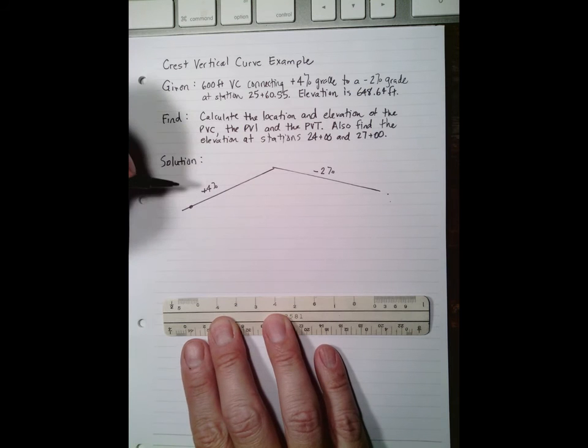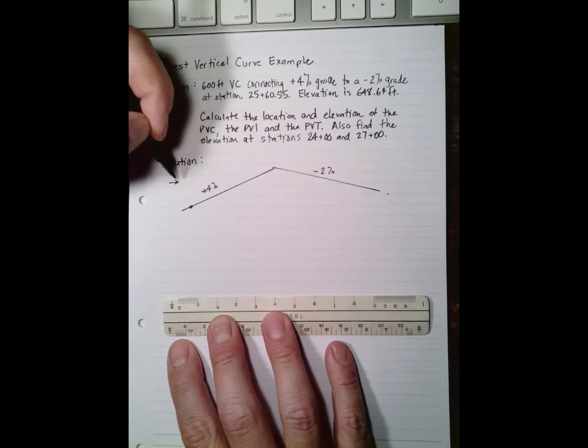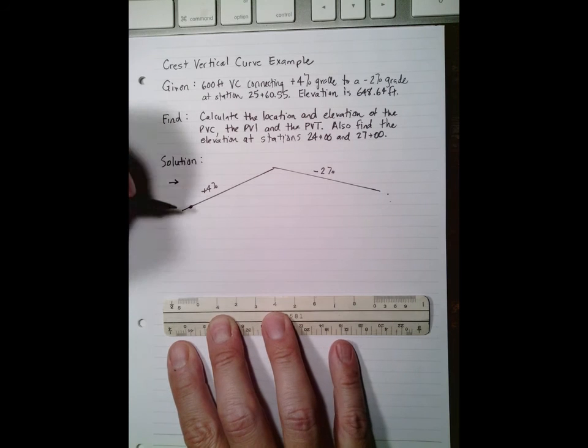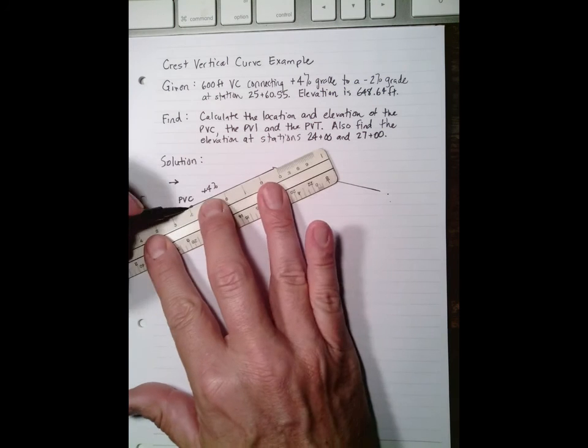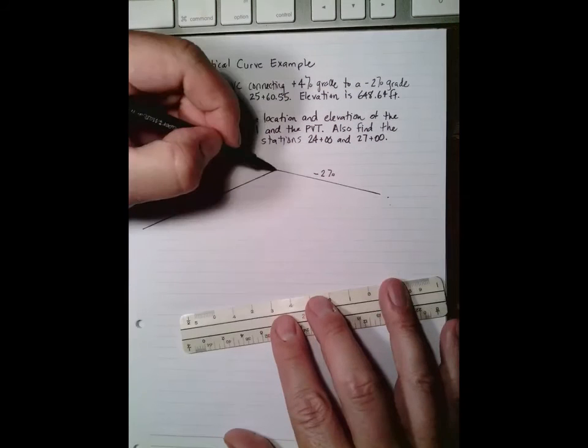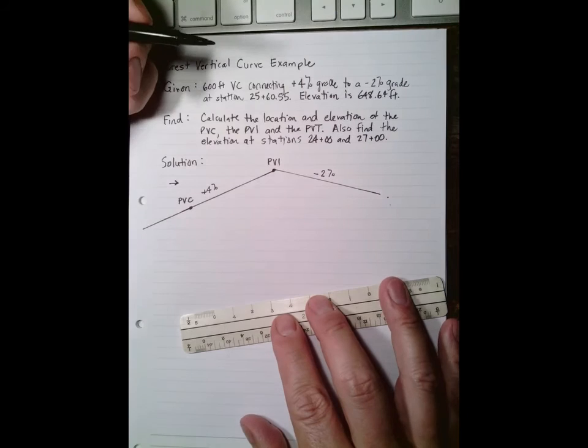So if you remember, if the stationing is moving from left to right, the point of vertical curvature, which is the transition from the tangent to the curve, is the PVC. And this is, of course, the PVI, point of vertical intersection.